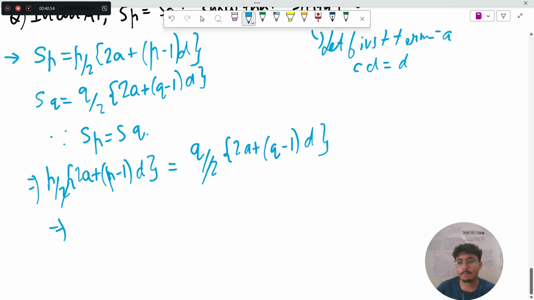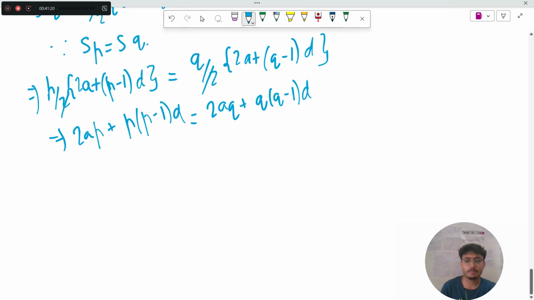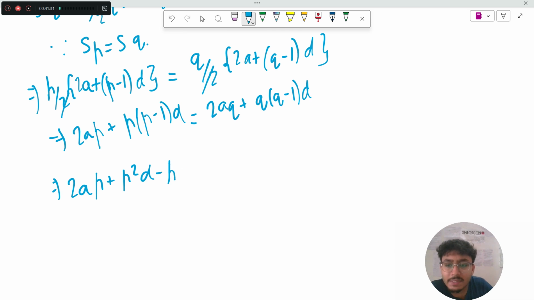Multiplying this out, it will be 2AP plus P into P minus 1 into D, and similarly here 2AQ plus Q into Q minus 1 into D. Again, 2AP plus P squared D minus PD is equal to 2AQ plus Q squared D minus QD.